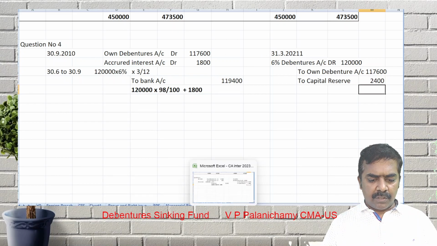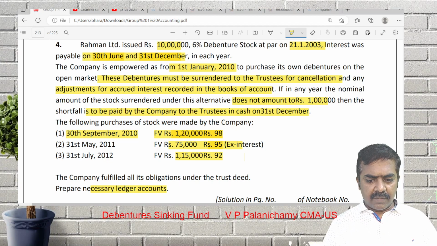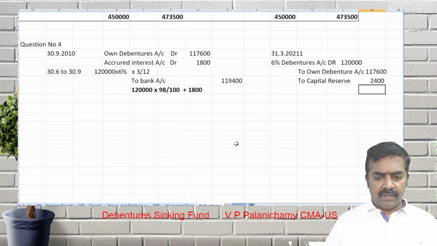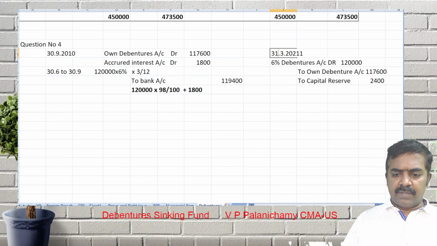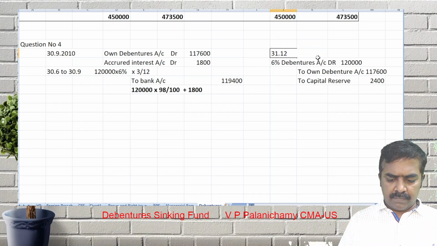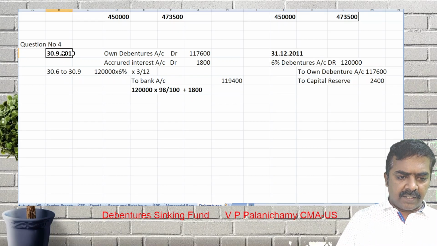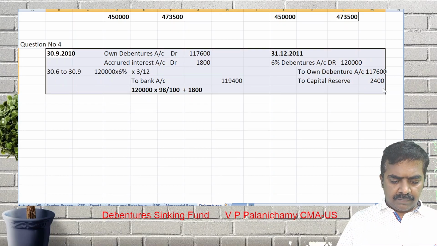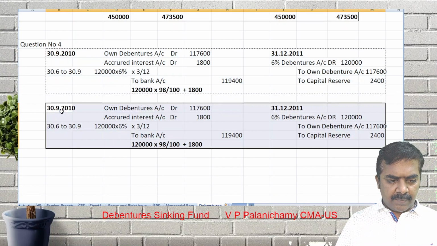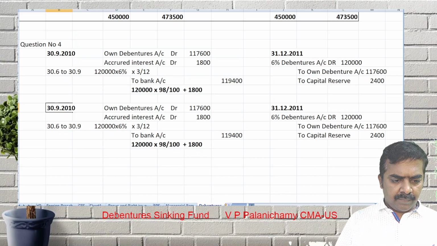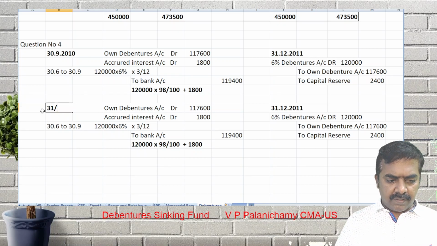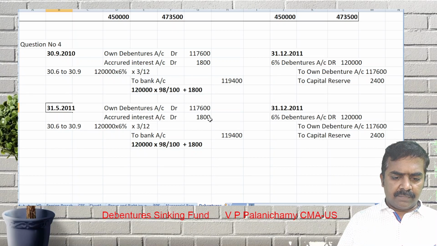Accounts are closed on December or March? டிசம்பர்னு வச்சுக்கலாமா? 31st டிசம்பர்லேயே close பண்ணலாம் வச்சுக்கலாம். Then again எப்போ purchase பண்ணுறாங்க? 31st May 2011.